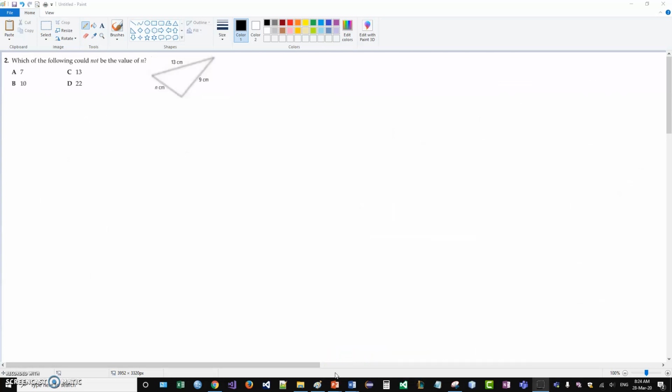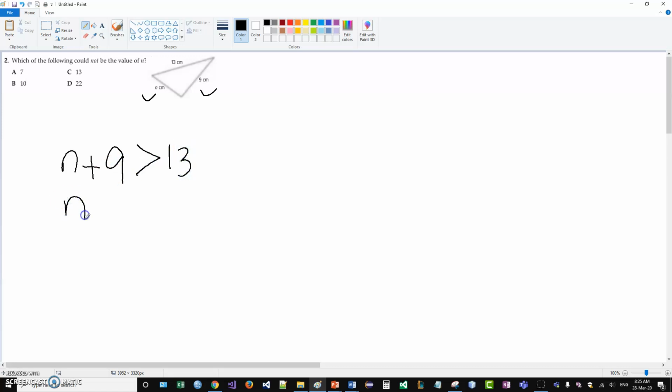Alright, let's look at a different example. This time it says, which of the following could not be the value of n? And we're given four choices. Again, we're going to use the Triangle Inequality Theorem. It says that if we add any two sides, their sum should be greater than the third. So let's look at these two sides, for example. n plus 9 should be greater than 13.